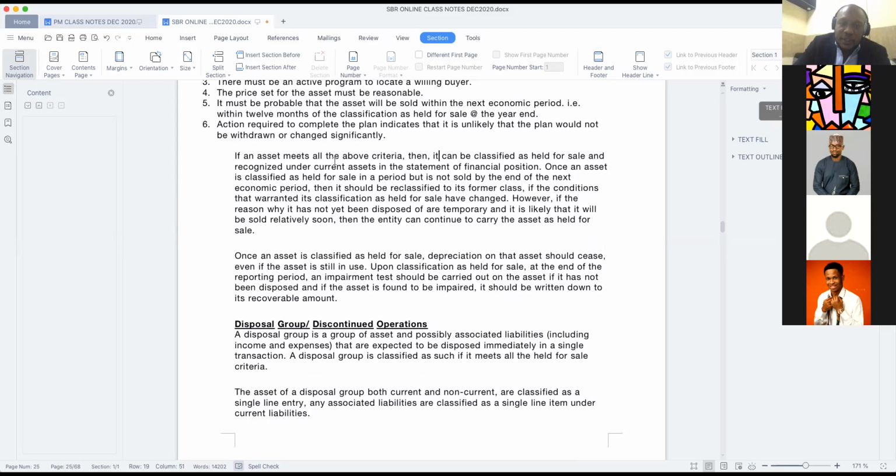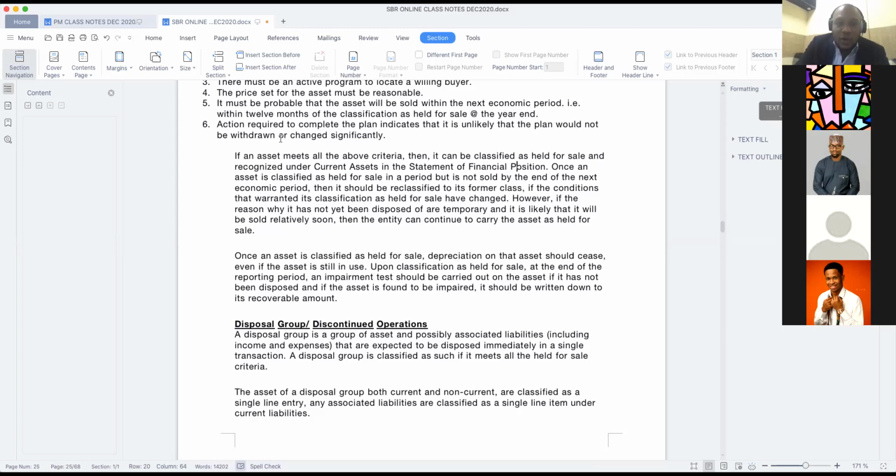Please just remember that this is a tricky thing. You put it as the last line item for safety in current assets, but you can put it anywhere in current assets. There's no rule against that. All right, so that's that.